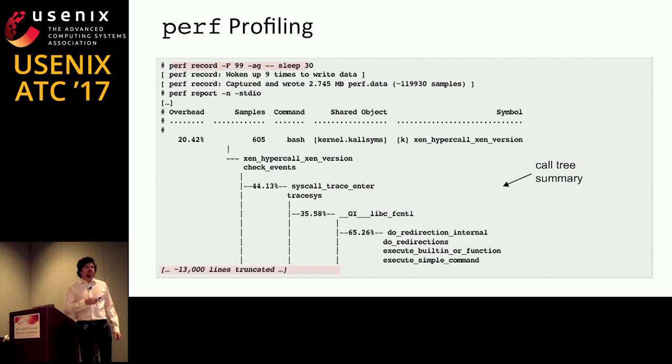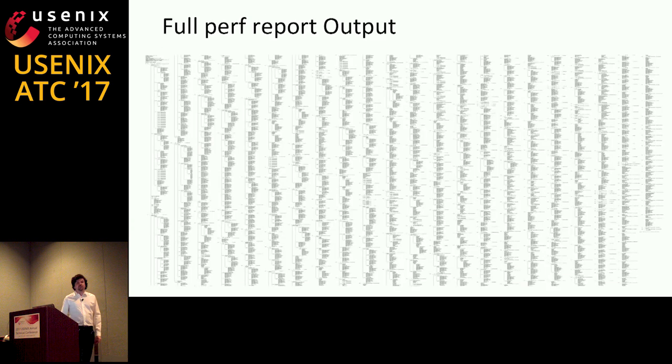In this example, and this is what we often have in real-world workloads, which are fairly complicated, the output of perf report is long. I had to truncate 13,000 lines for that screenshot. That's the full output of perf report, and that's basically unreadable. So as a performance engineer, this is disappointing.